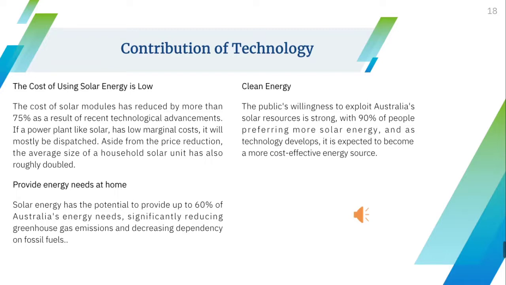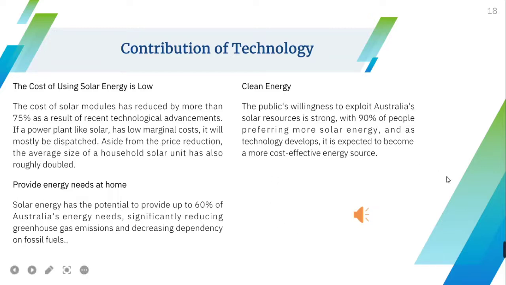Aside from the price reduction, the average size of a household solar unit has also roughly doubled. For society, solar energy has the potential to provide up to 60% of Australia's energy needs at home, significantly reducing greenhouse gas emissions and decreasing dependency on fossil fuels.